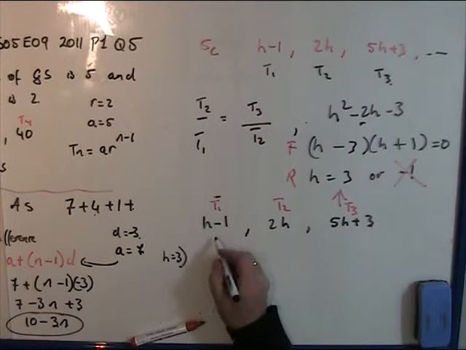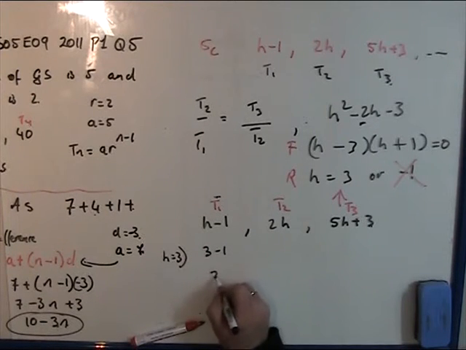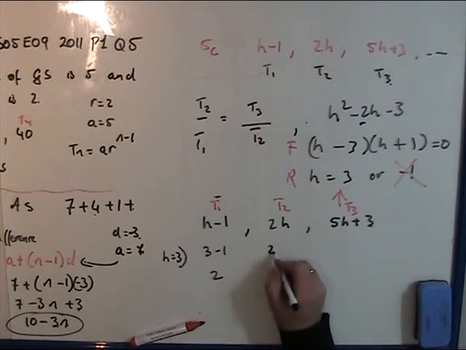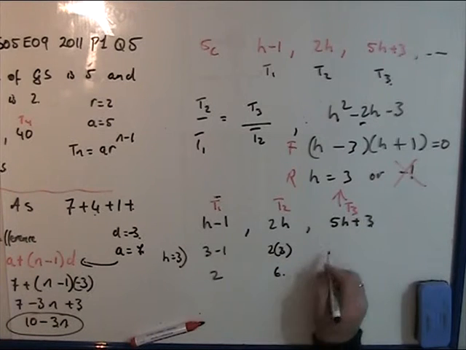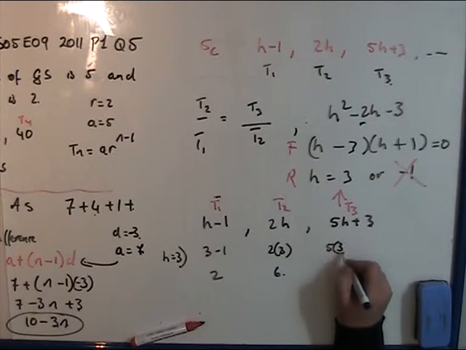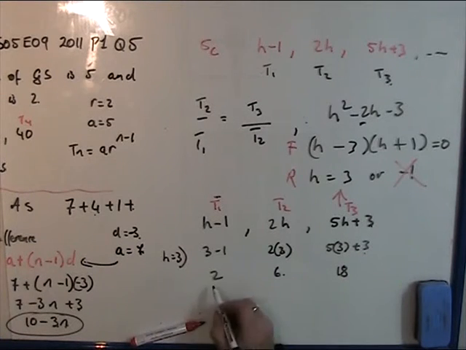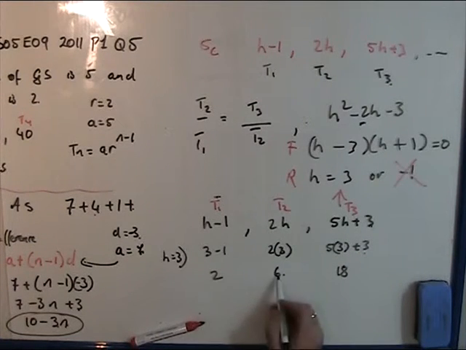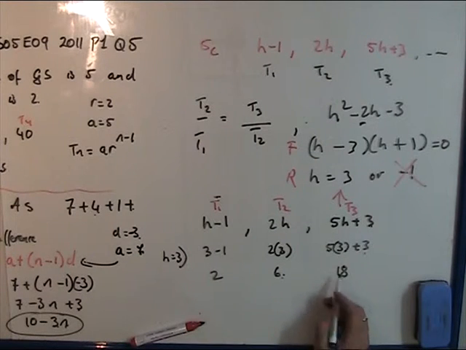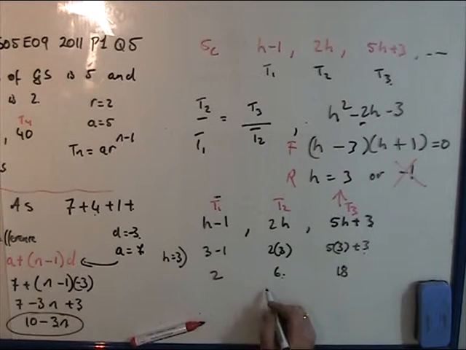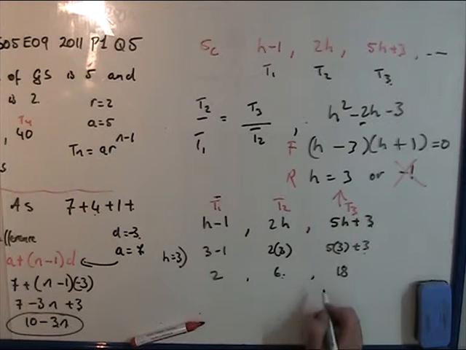So T1 is 3 minus 1, that's 2. T2 is 2 times 3, that's 6. T3 is 5 times 3 plus 3, that's 15 plus 3 is 18. And you can see 3 2s are 6, 3 6s are 18, so it is a geometric series.